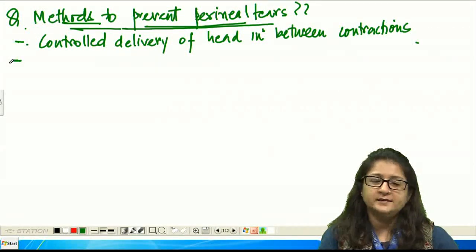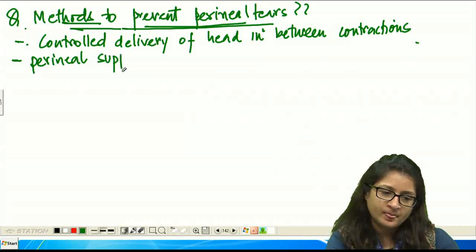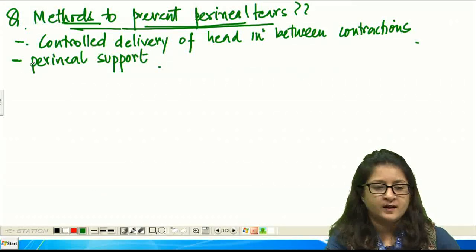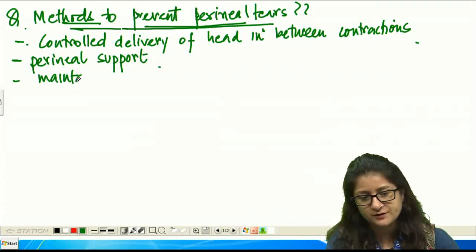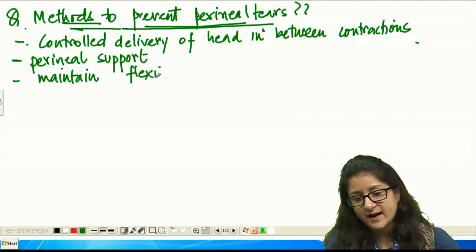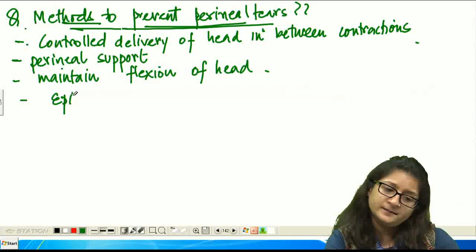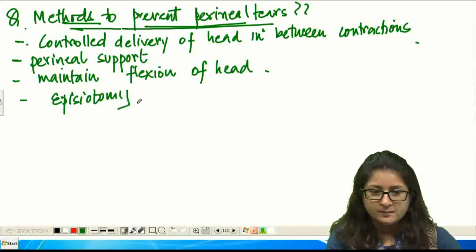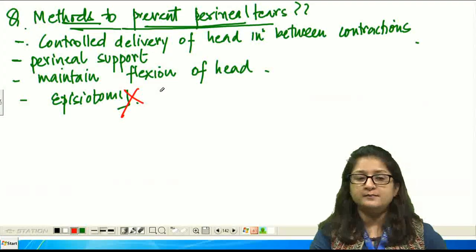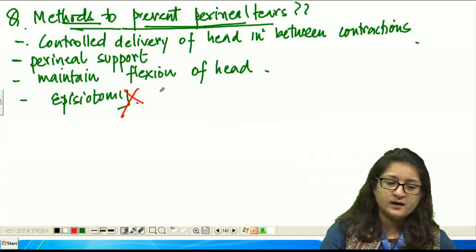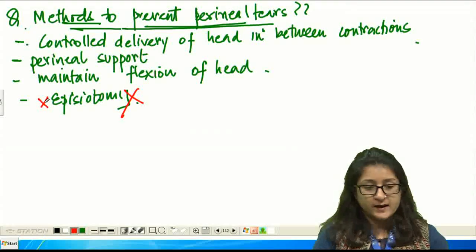Then perineal support. Then maintain flexion of the head so that the smallest diameter emerges. And episiotomy, is an episiotomy method to prevent perineal tear? No. Routine episiotomy is not a method to prevent perineal tears. This is what is important.